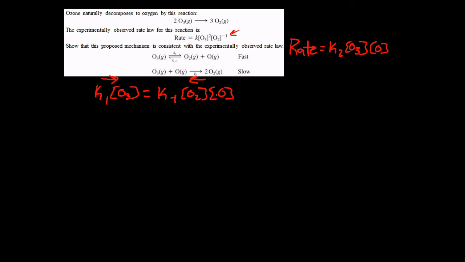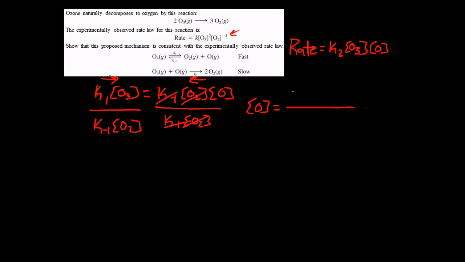If we want to get just the concentration of O, we'll divide both sides by K minus 1 and O2. So that will cancel out all of that, and we'll be left with the concentration of O is equal to K1 O3 over K minus 1 O2.